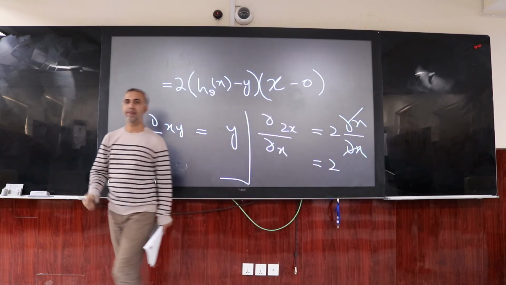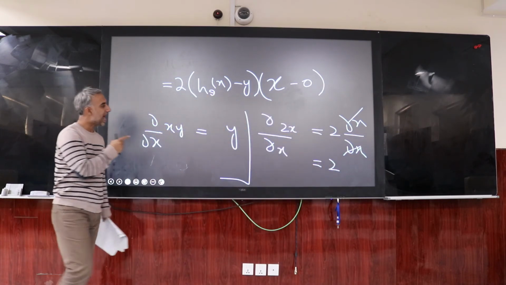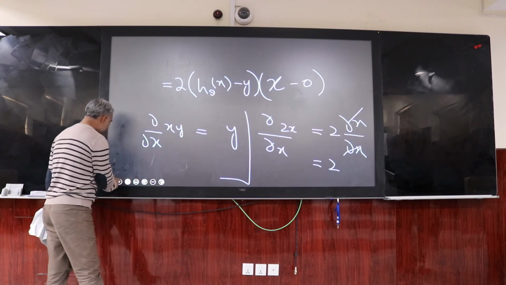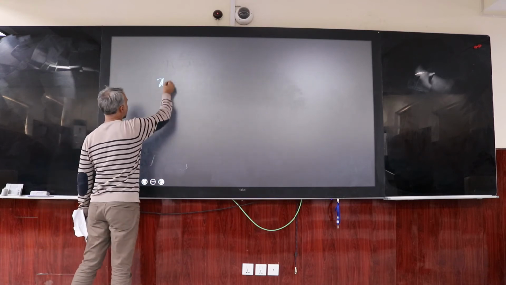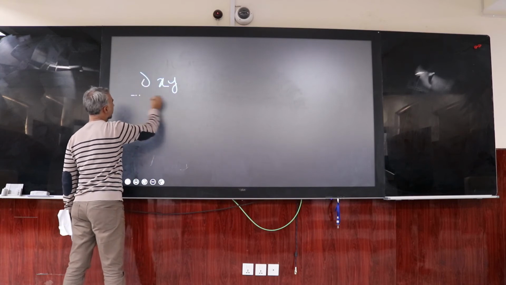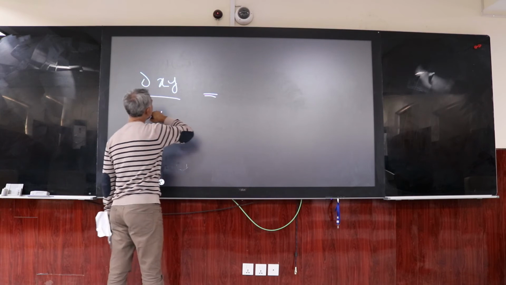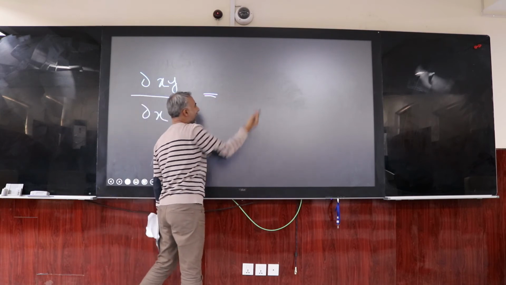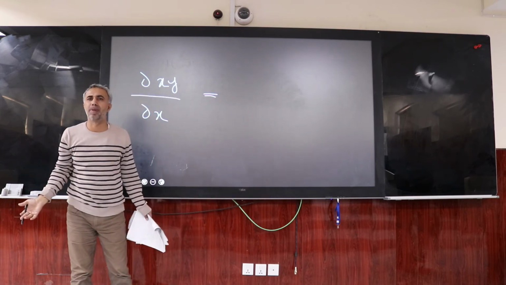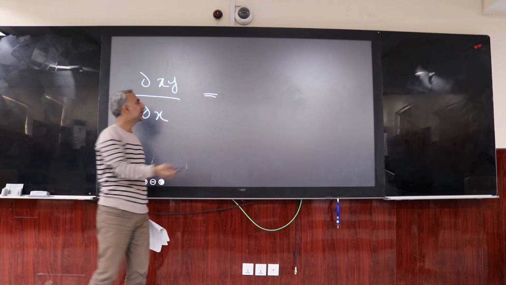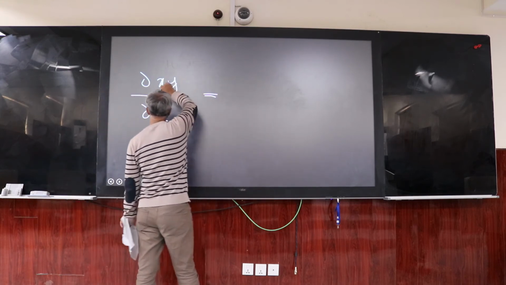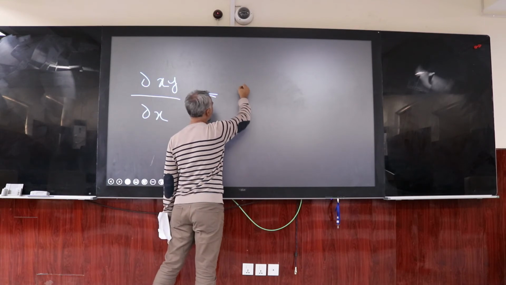But if we have xy and we apply a partial derivative here, what will happen? We keep y as a constant. We do not need to bother it. Partial x over partial x will be eliminated, and we will get only y.